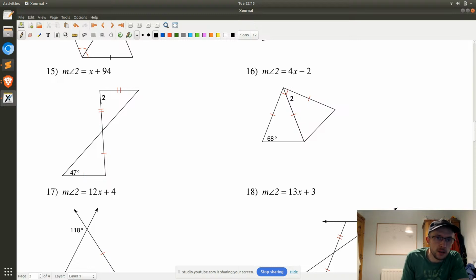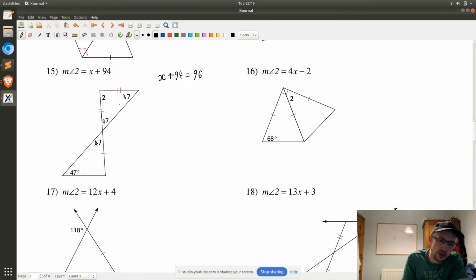Find the measure of angle 2. You're told that the size of that angle is x plus 94. Okay, well, this is isosceles down here, so that must be 47 as well. And so must that be, and so must that be. And then 47 doubled is 94. Take that from 180, and we get 86. 47 times 2 is 94.